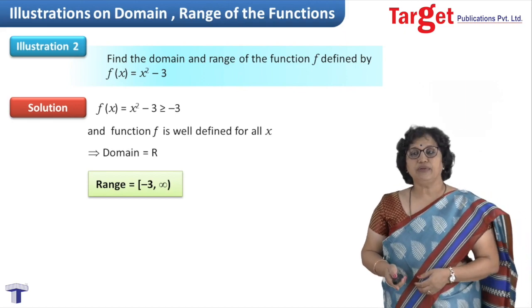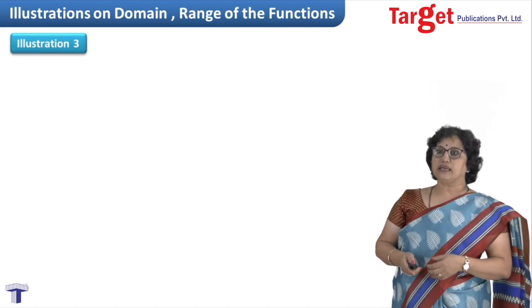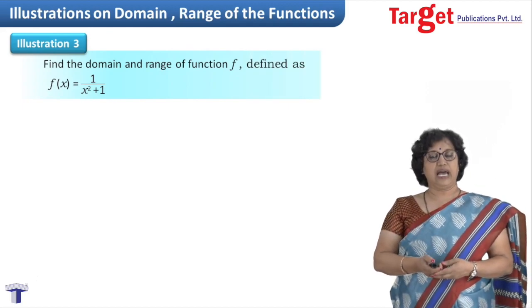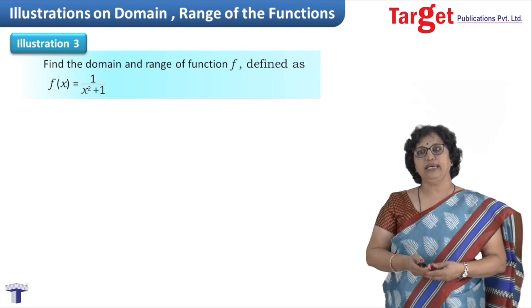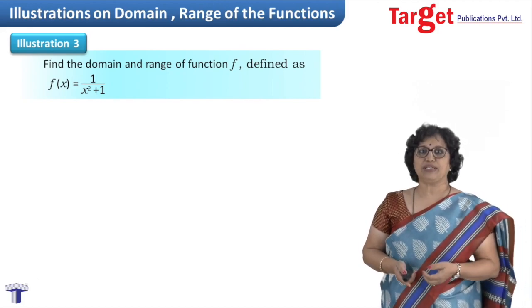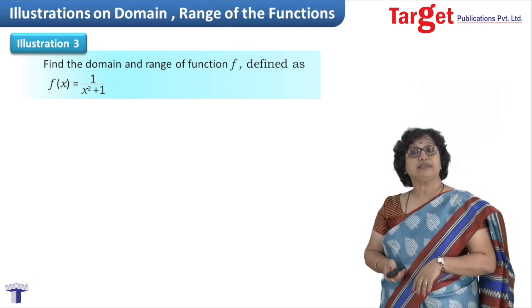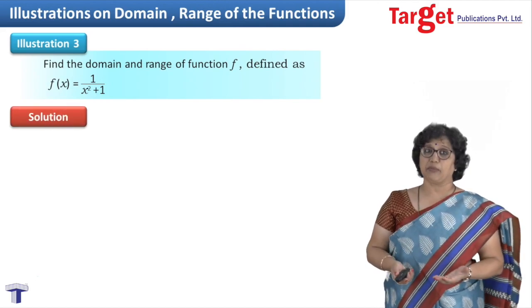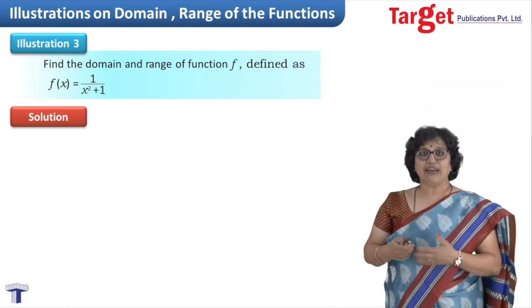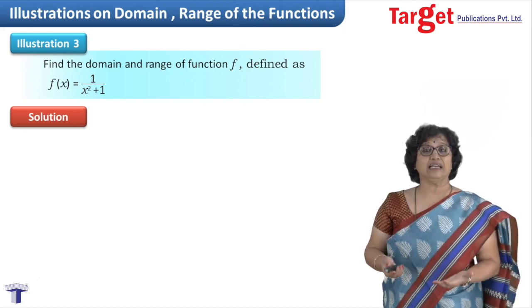Now let us move to the third question. Again we have to find domain and range of the function, and the function is defined as 1 upon x square plus 1. As I said in the previous question, when a quantity appears in the denominator, that may be troublesome to us. But again here, x square plus 1 never becomes 0 for any real x.